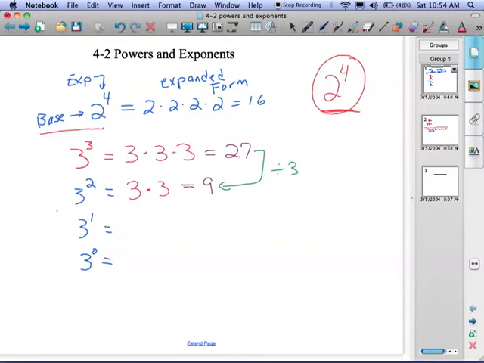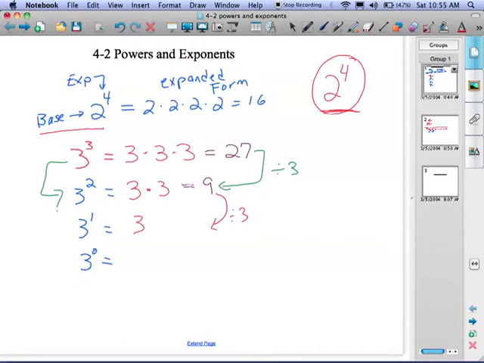That's what happens when you remove an exponent and go from the exponent of 3 down to the exponent of 2. So based on that pattern, if we divide this 9 by 3, 3 to the 1st power is simply going to be 3. It's 3 times itself one time. There's 1 3 in that list, so it's going to be 3.